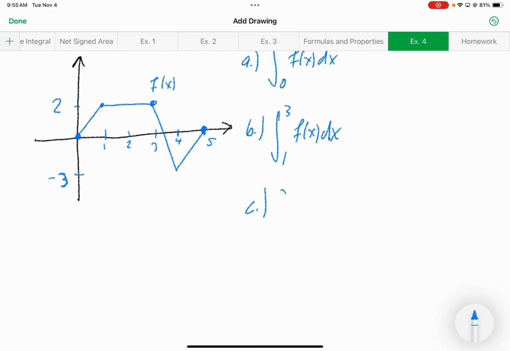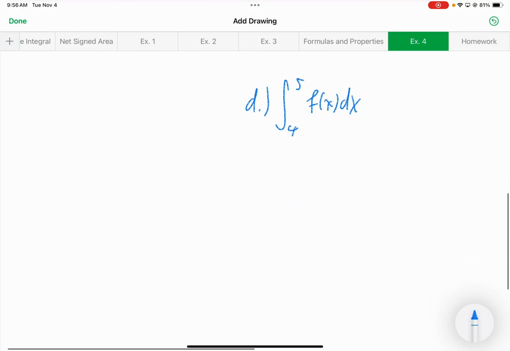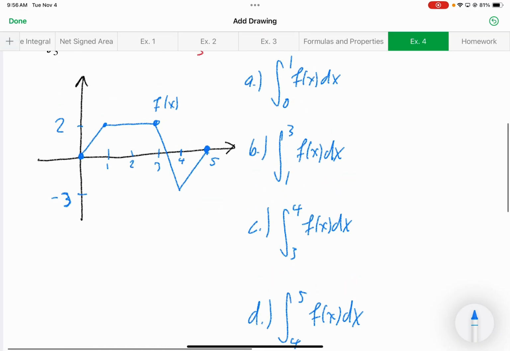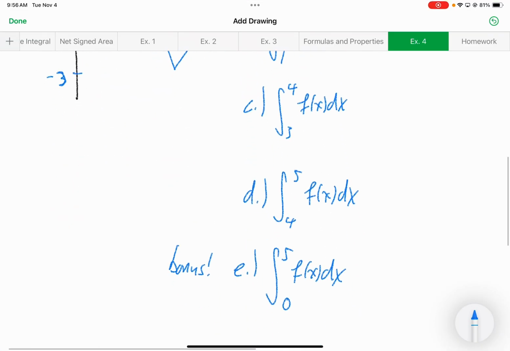And then we'll do the integral from 3 to 4, and we'll just fight our way through it, of f of x dx. And then we'll do the integral from 4 to 5 of f of x dx. And then, as a bonus, we'll do the integral from 0 to 5 of f of x dx.